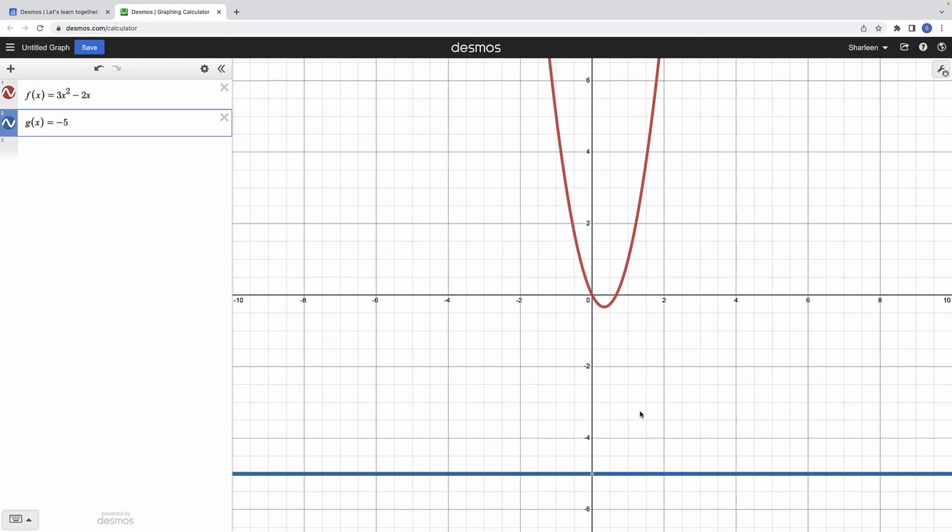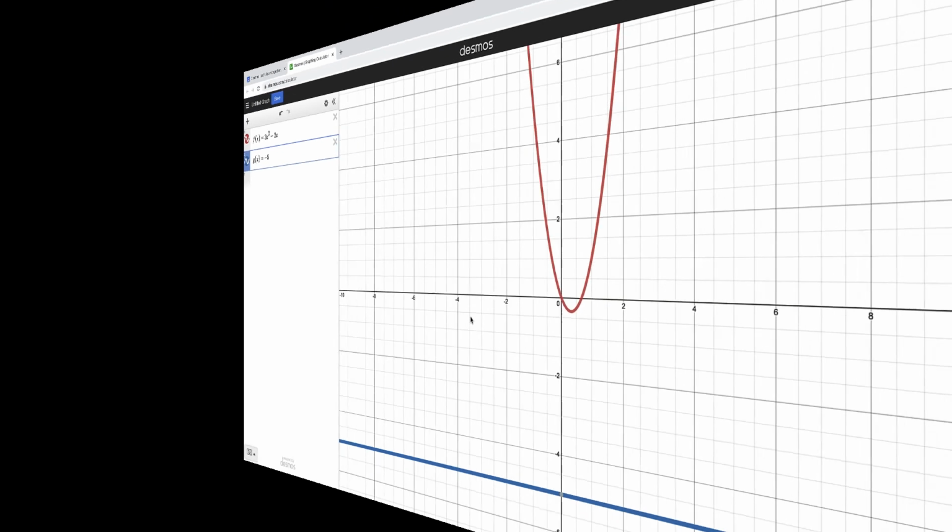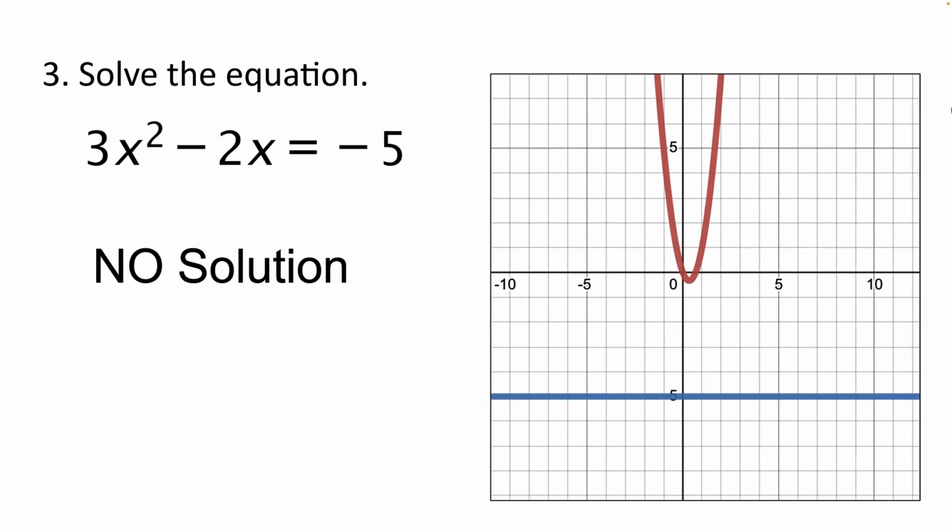G of x is the horizontal line at negative 5. These graphs will never intersect. Since these graphs will never intersect, there is no solution to our equation. So since the left side is never going to be equal to or intersect the right-hand side of our equation, this equation has no solution.